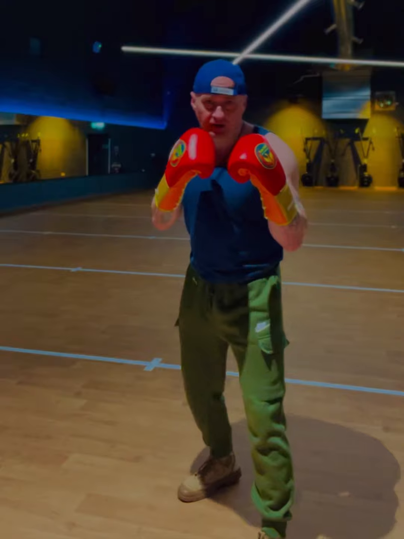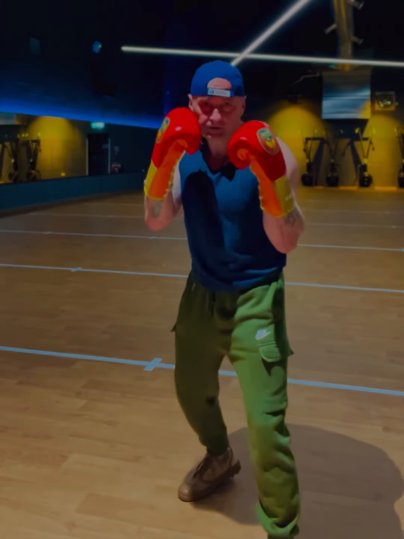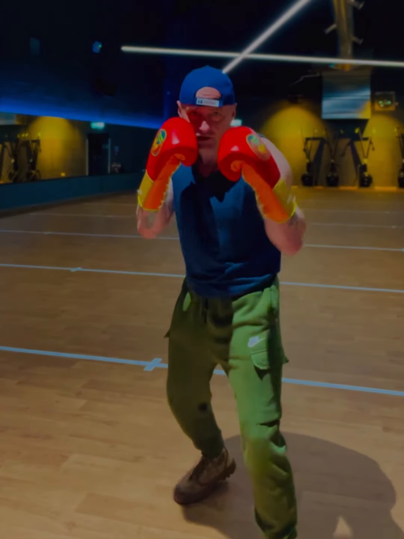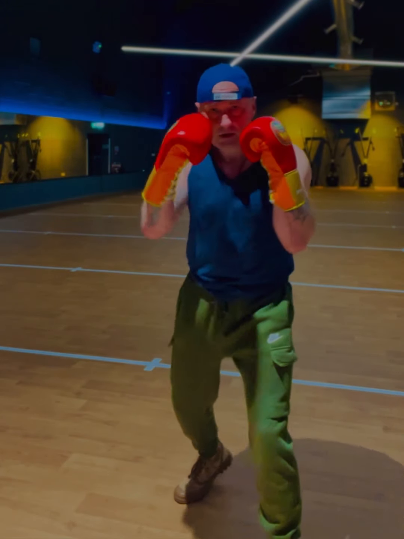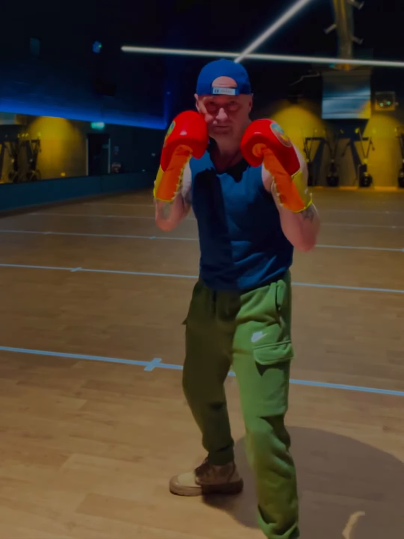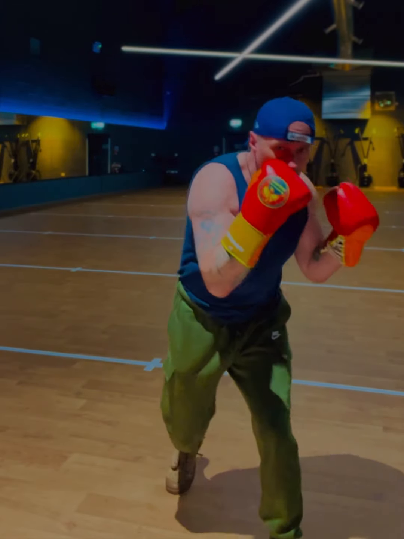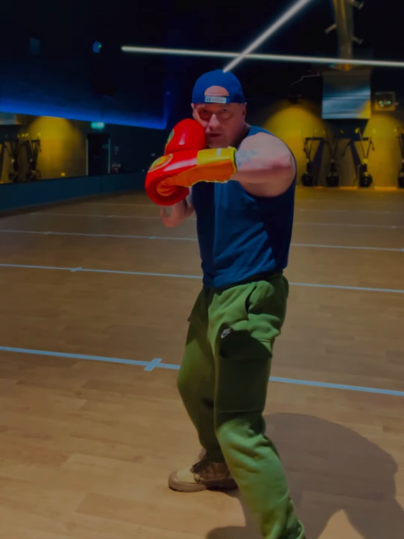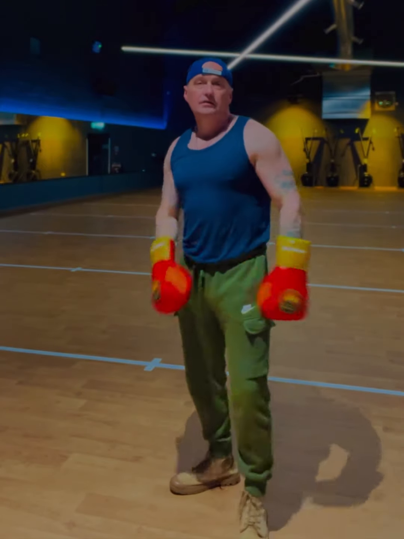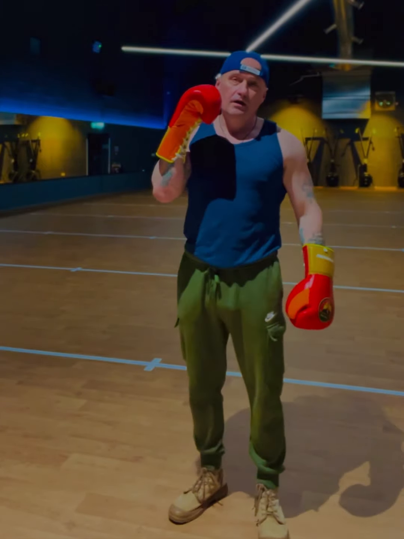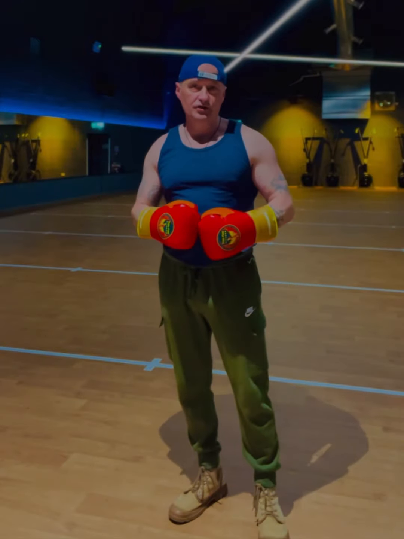The most common punch in boxing, as we know, is the jab, followed by the cross, and then the hook, and then the uppercut. There are variations on all of those punches.